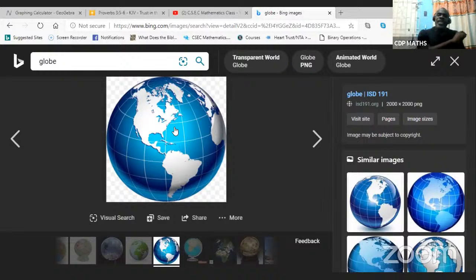Now, there is a great latitudinal line. Anybody can tell me the name of that one? The equator. The equator. Very good. So the equator is the greatest latitudinal line, and the greatest longitudinal line is the Greenwich Meridian.